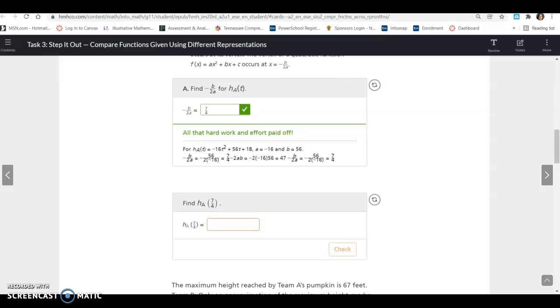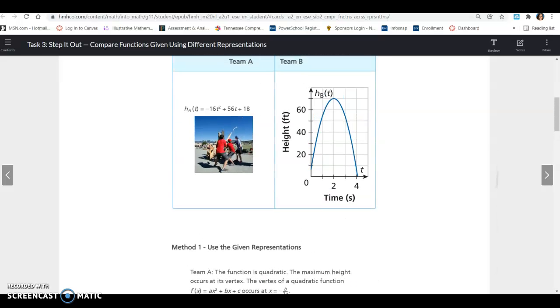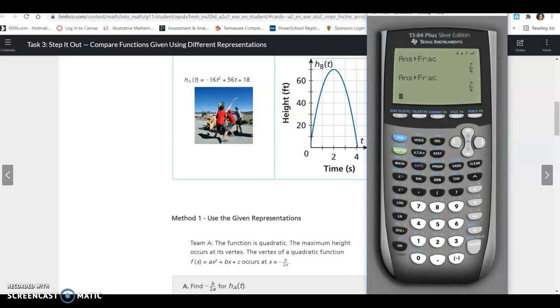Now we need to find the y value. So we're going to do that by substituting 7/4 back into the equation. So if we have negative 16 times 7/4, and that's squared because it's quadratic, and then plus 56 times 7/4 again, and then plus 18.